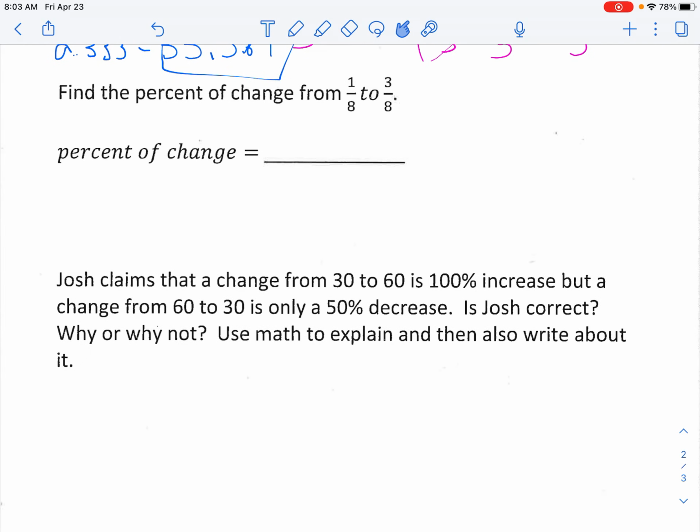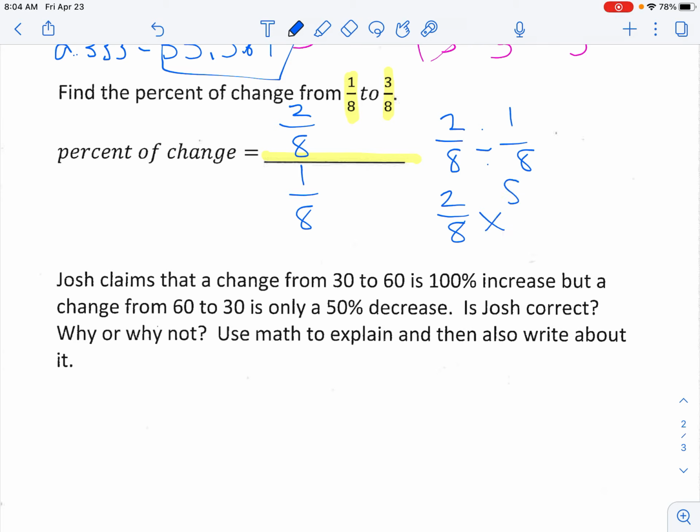Find the percent of change from 1/8 to 3/8. So the difference between those two numbers is 2/8. And the original amount was 1/8. And remember, this fraction bar means to divide. So we're going to do 2/8 divided by 1/8. Keep, change, flip.